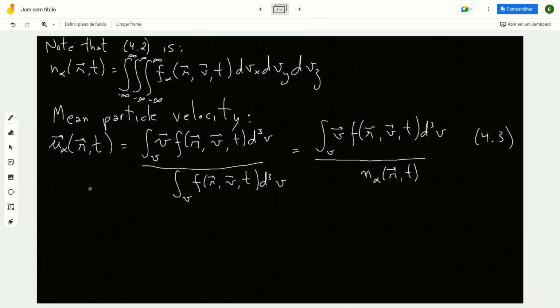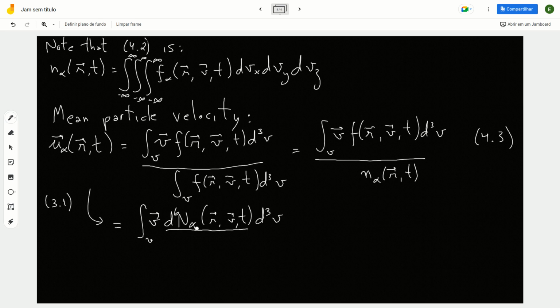Using 3.1, you have this as the v integral of v times d6n_alpha(r,v,t) d3v over d3r d3v, and this over n.